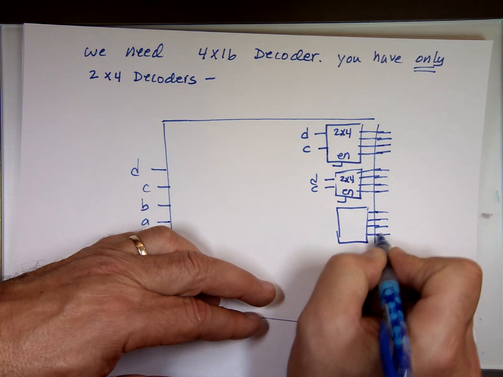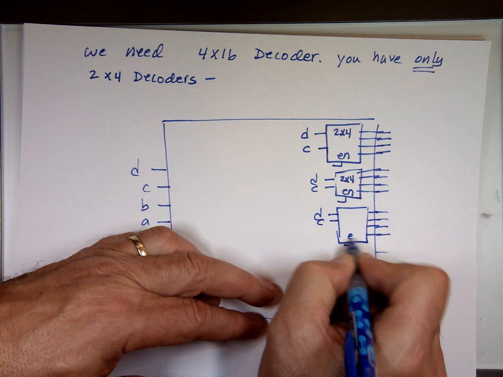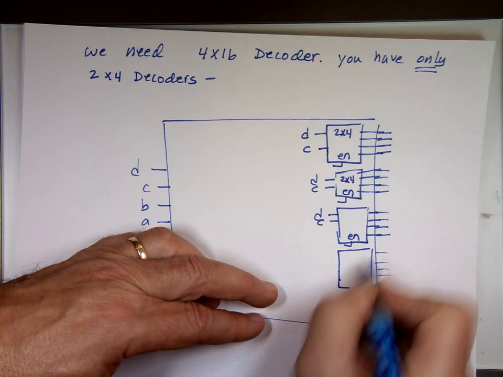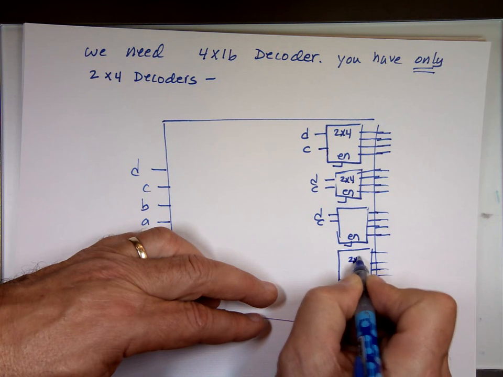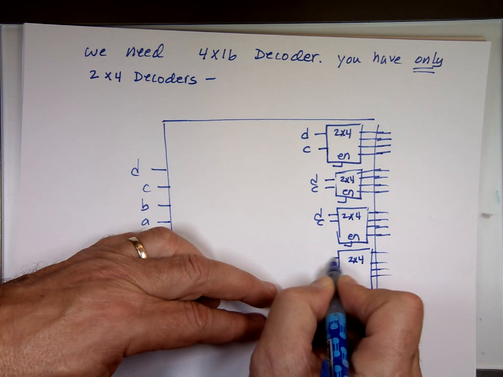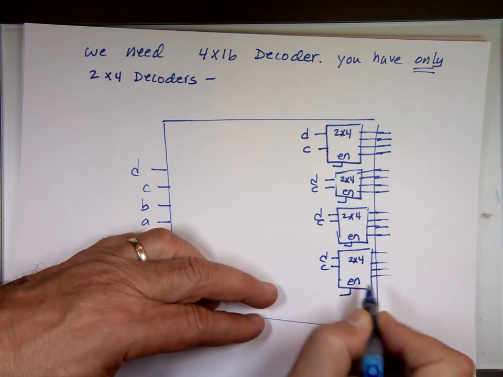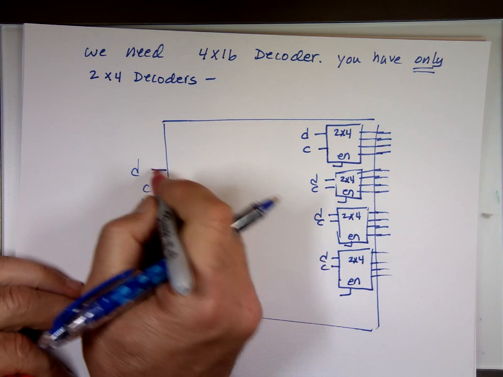C and D, enable. Another one. C and D. I use the same input to all of them. So I use these C and D going to all of them. I use these two going to every one of these.